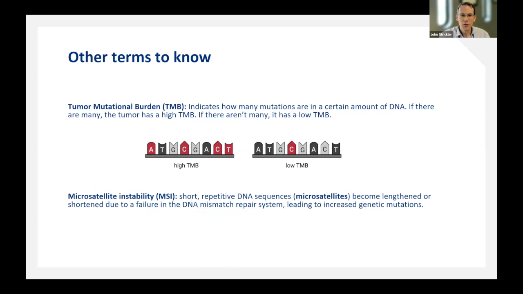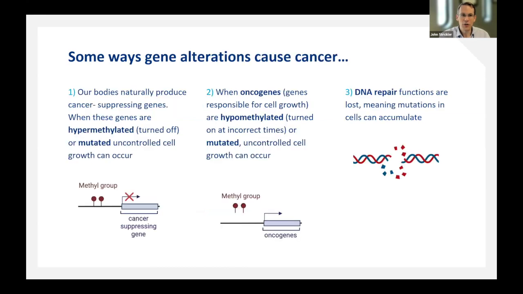All right. So there are a lot of different ways that gene alterations can cause cancer. Not only do we get mutations, you can get what's called hypermethylation, which can turn off a gene without a mutation that can cause cancer. Additionally, you can get a mutation in an oncogene that can basically flip that gene on perpetually so that you're driving a cancer.